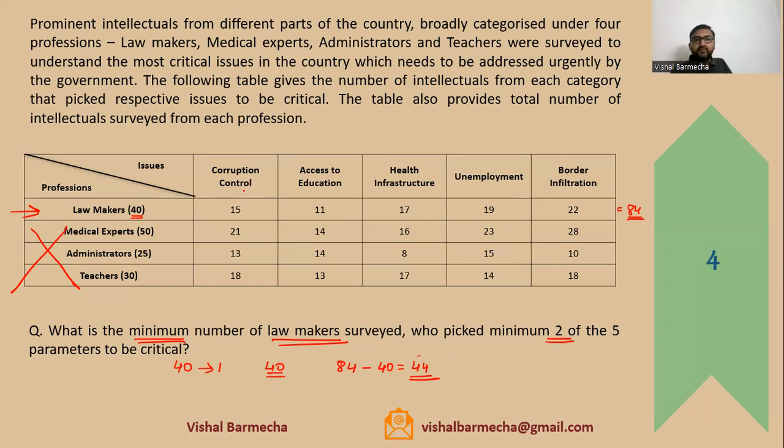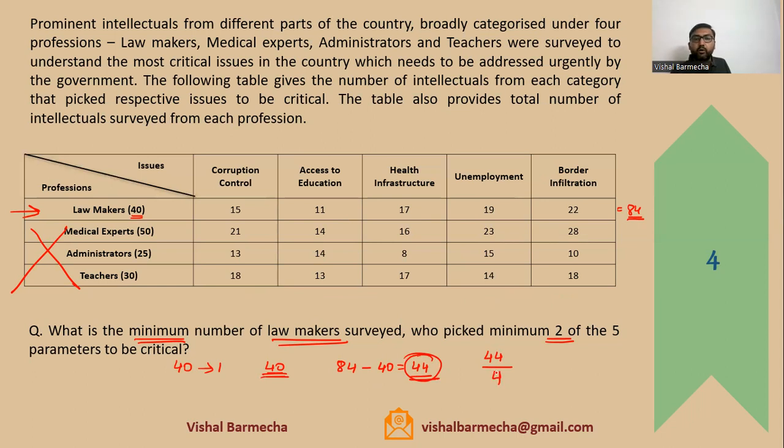Now, after having found 1 issue to be critical, maximum a person can find another 4 issues to be critical because total 5 ही issue है हमारे पास, right? अब ये 44 मुझे कम से कम लोगों में बांट के खत्म करना है. So now what I will do is I will distribute these 44 by giving 4, 4, 4 करके issues to people out of these 40. तो 44 को अगर मैं 4 से डिवाइड करूंगा, again why am I dividing by 4?